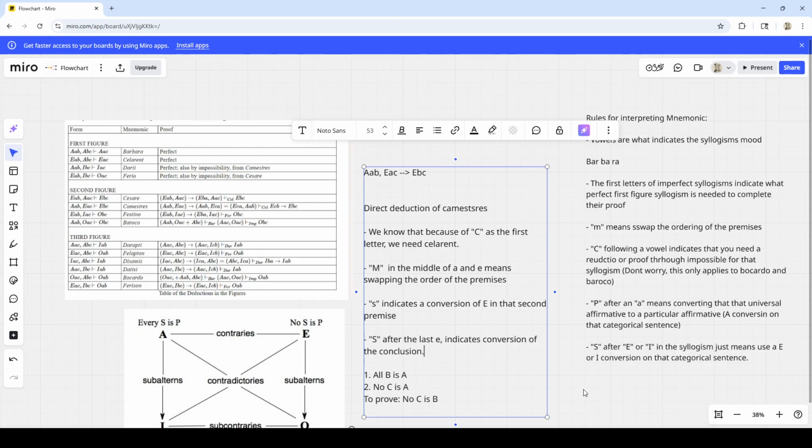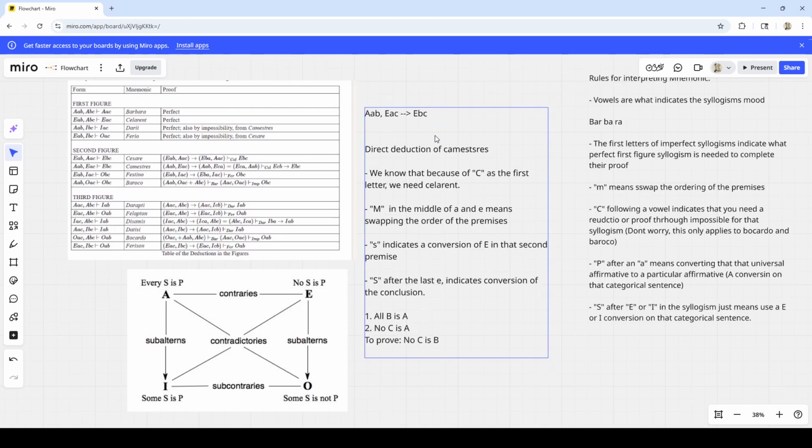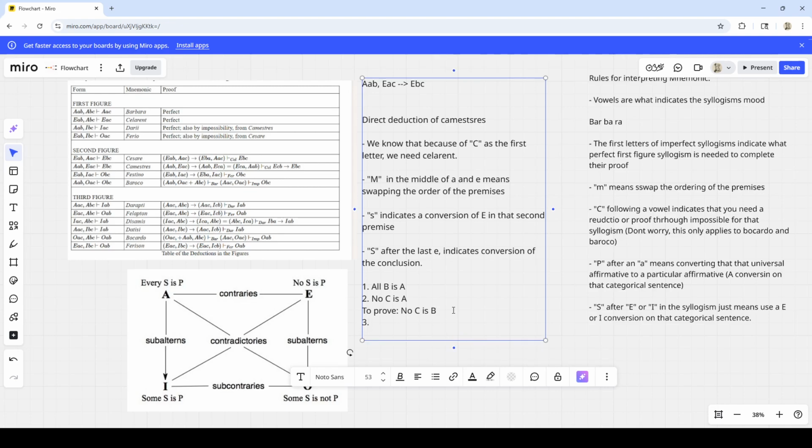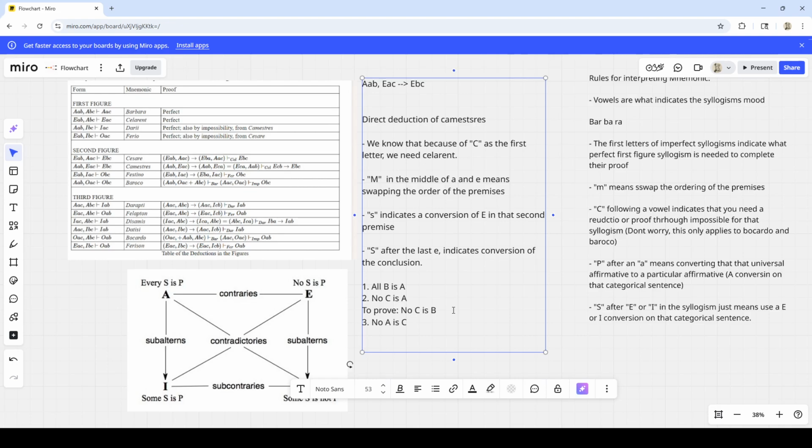So really, let's get into the proof now. Enough of me yapping. To prove that no C is B, we know that we have to swap the order of the premises. So no C is A comes here, but because we had to convert it, it becomes no A is C, because M indicates swapping the order of the premises. We converted no C is A via the S after the E, because remember, a universal negative can convert to another universal negative.